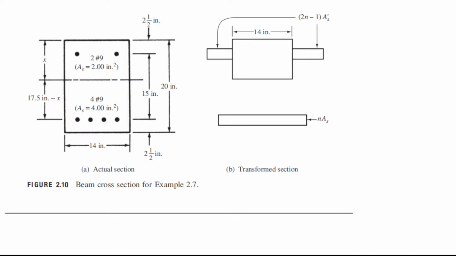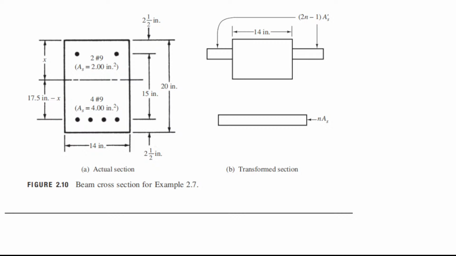So if the area at the top bars is 2 square inch, we multiply by the factor that converts it to an equivalent concrete area. Because that is a steel area, we want an equivalent concrete area for that same function.